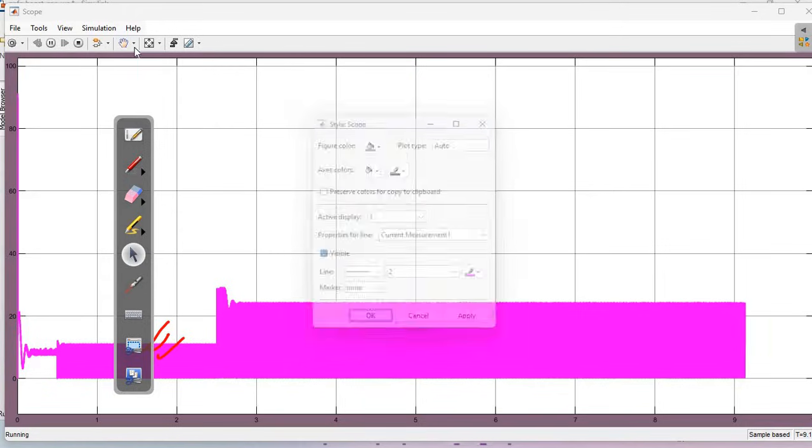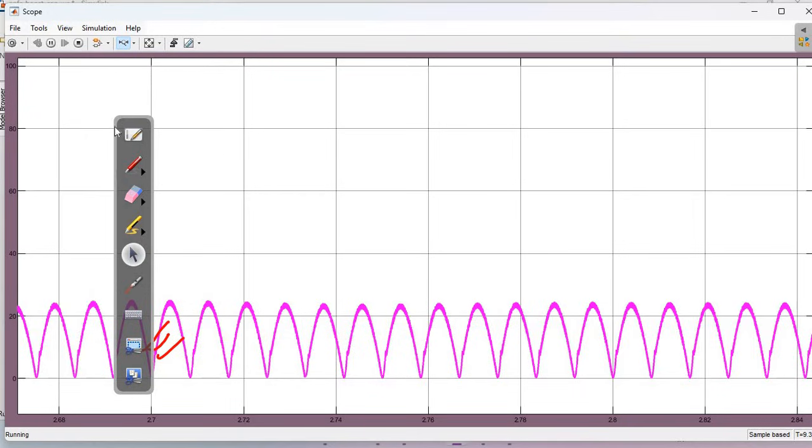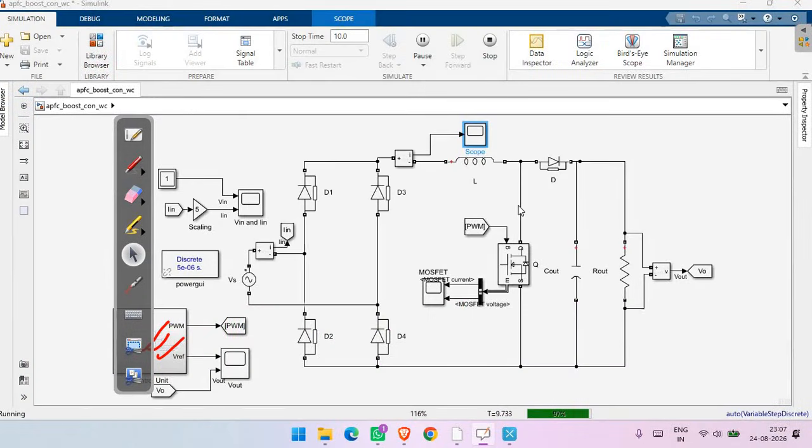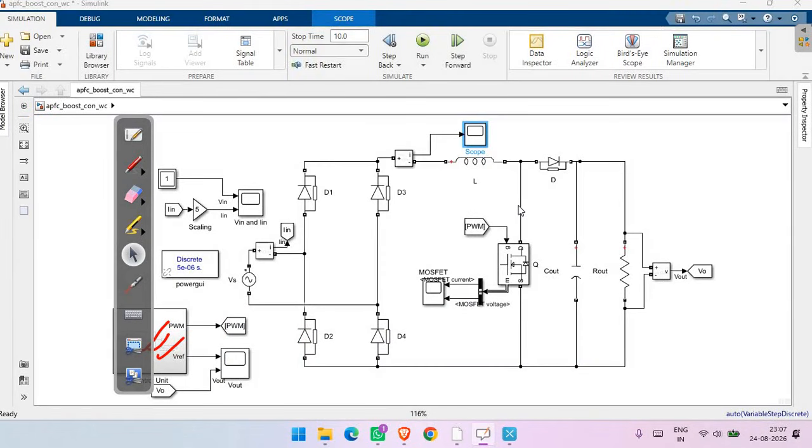Now zoom in. This one shows the output current. So this is the complete simulation of the active PFC boost converter. Thank you.